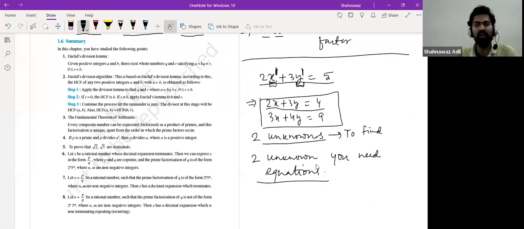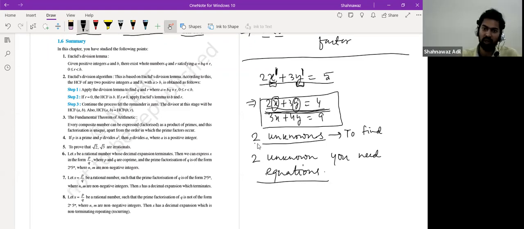So you will always get two equations. In the third chapter, we'll always see that there are two equations, and you would require two equations to solve the value of x and y, always.